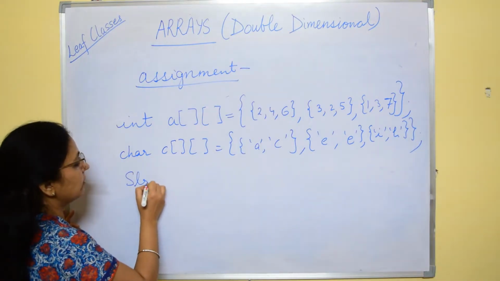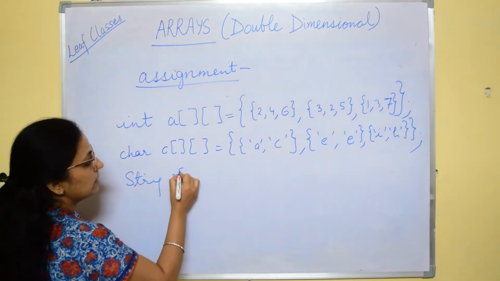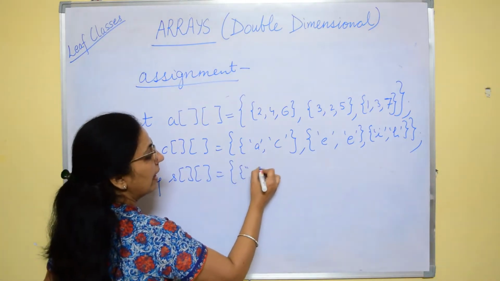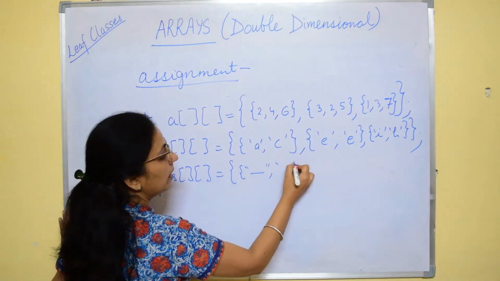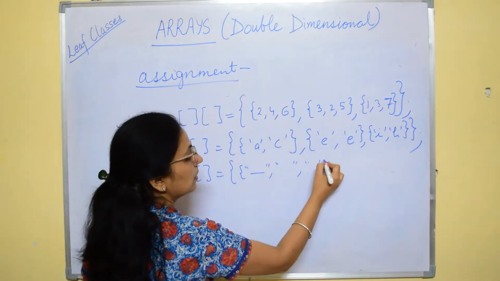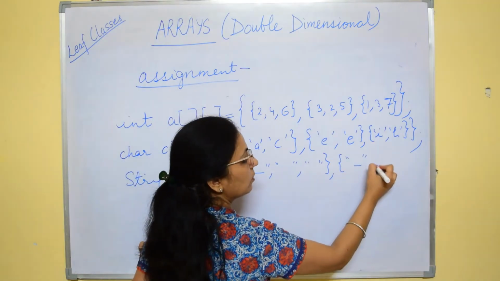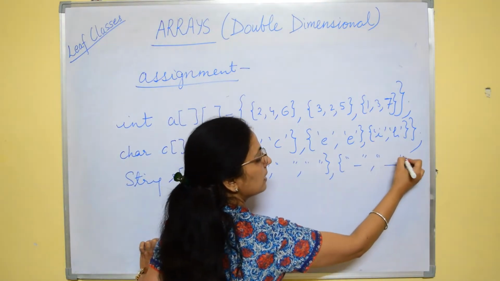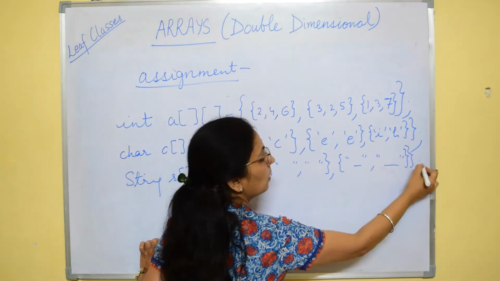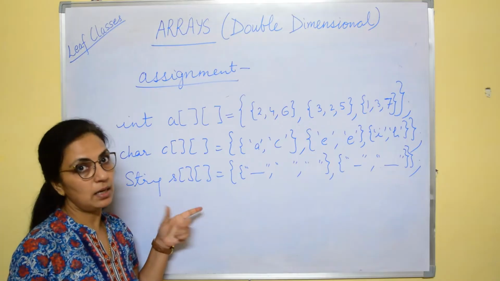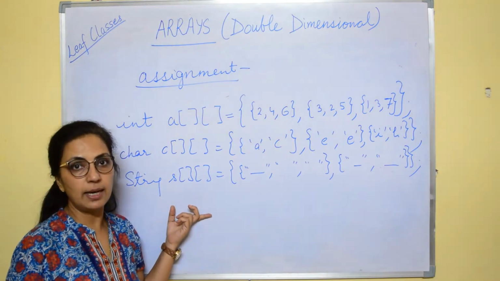Similarly, we can have string array name and the values stored in double quotes, first row. Then similarly you can have second row's values. Like this you will be storing the values using assignment in double dimensional array.